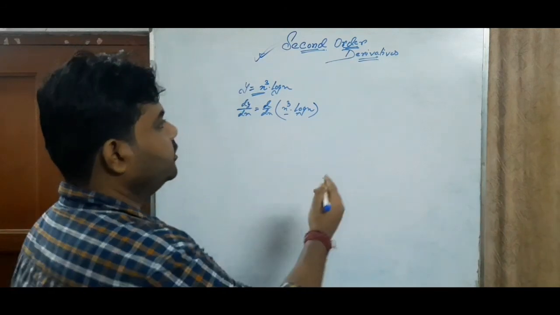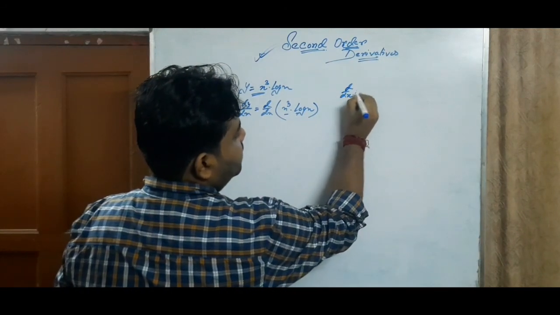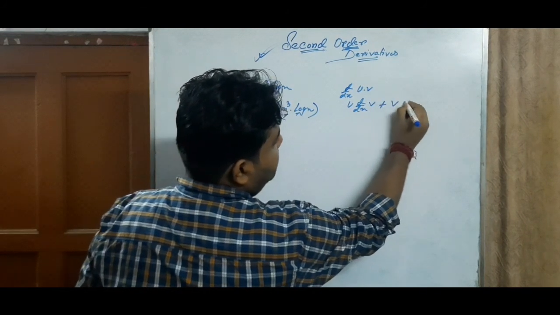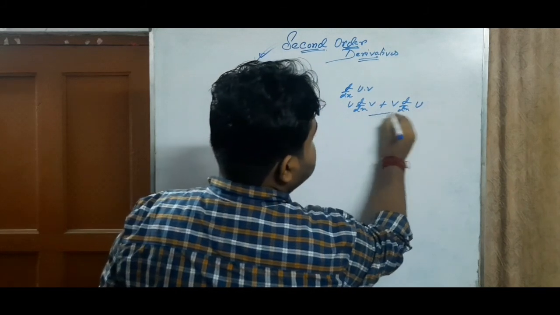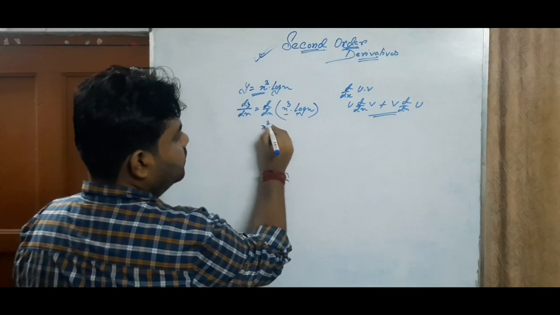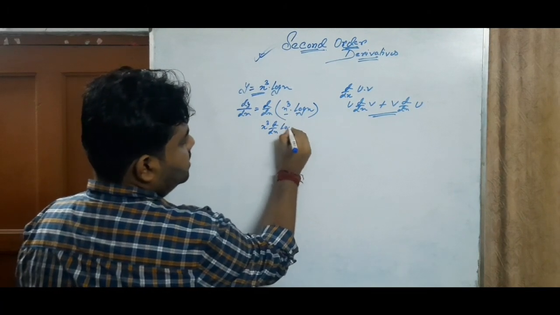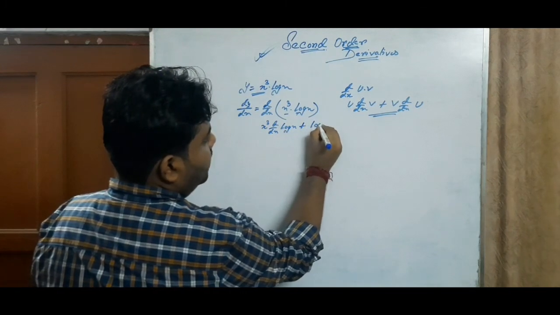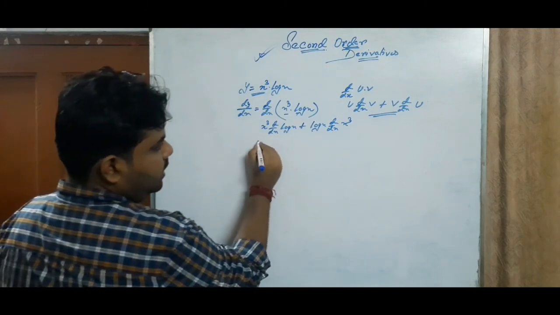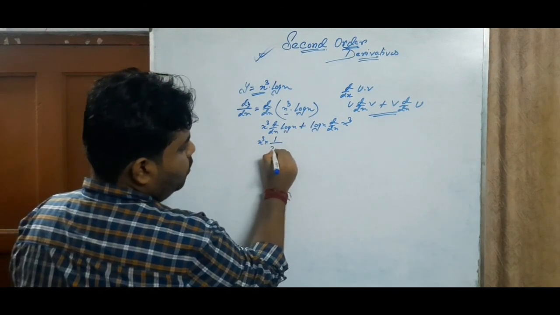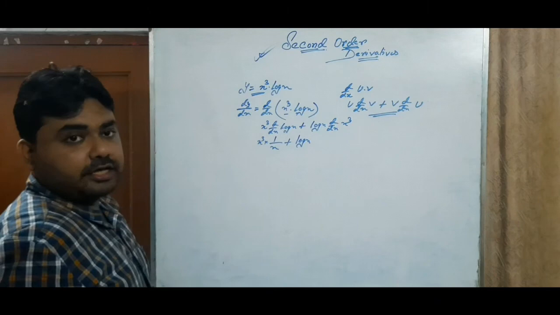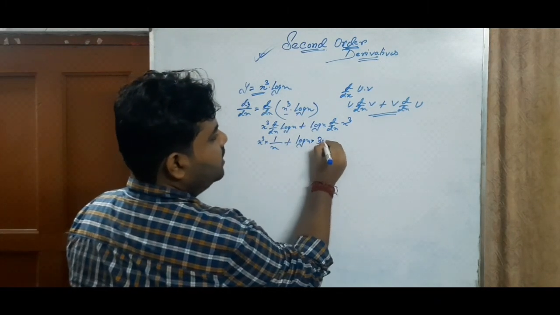The product rule: we know that d/dx of uv will be u d/dx of v plus v d/dx of u. So we apply the product rule: x cube d/dx of log x plus log x d/dx of x cube. d/dx of log x means 1 by x, plus log x, and d/dx of x cube is 3x square.